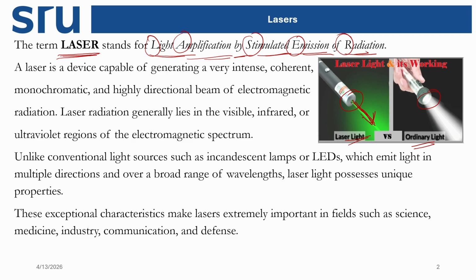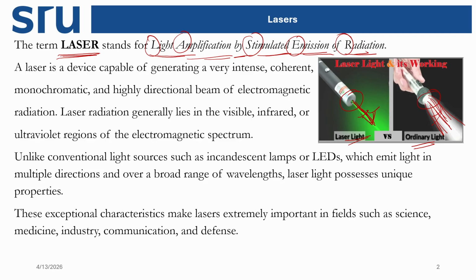Whereas ordinary light is distributed over a region, in different parts. So laser light is more concentrated, and normal light is distributed. This is the main difference you observe qualitatively from the outside.